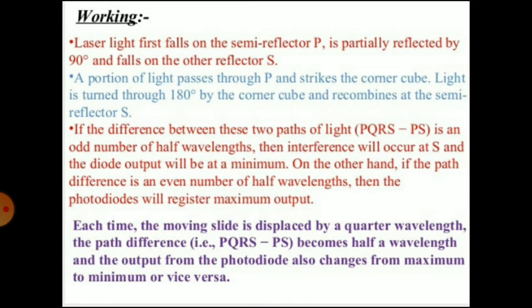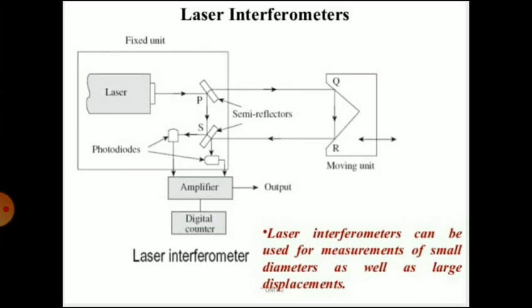The laser interferometer consists of a fixed unit called the laser head, consisting of a laser, a pair of semi-reflectors and two photodiodes. The sliding unit has a corner tube mounted on it.